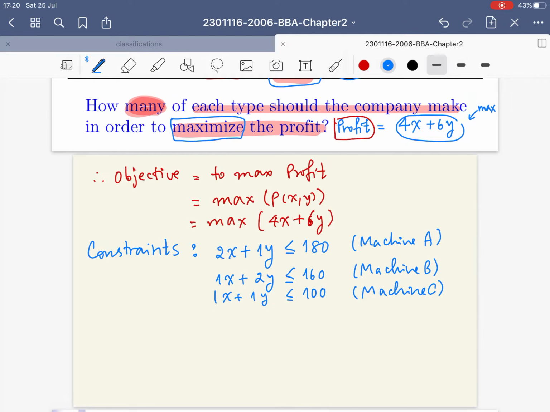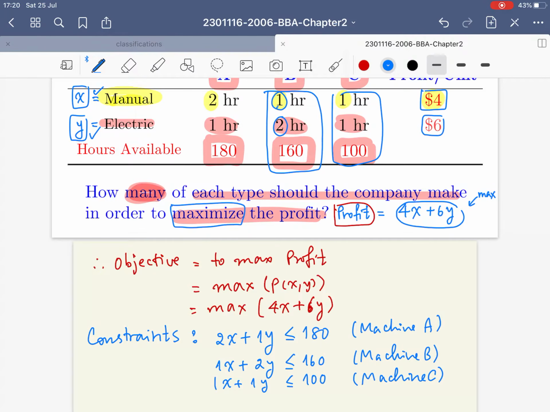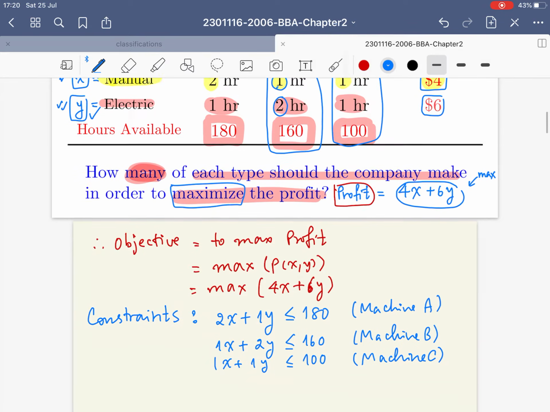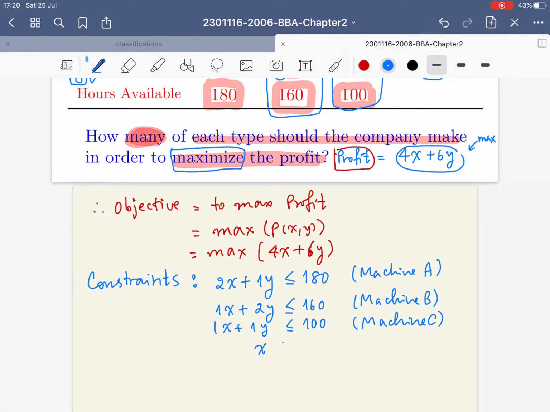However, there are some other constraints that you may forget. Your X is a number of units that you are going to produce, and your Y is also a number of units that you are going to produce. So your X must be non-negative, and your Y must also be non-negative.